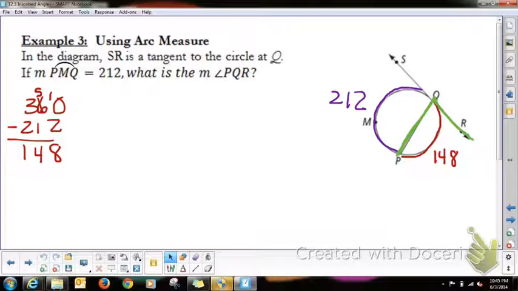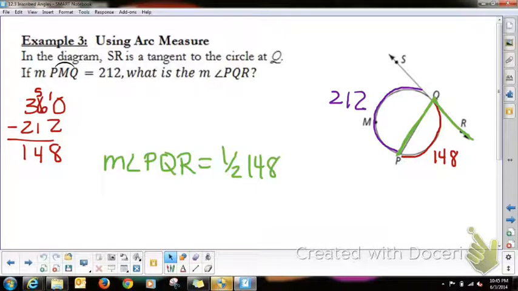So the measure of angle PQR would equal 1/2 of 148, because it's the arc that it's intercepting. So the measure of angle PQR is equal to 74 degrees.